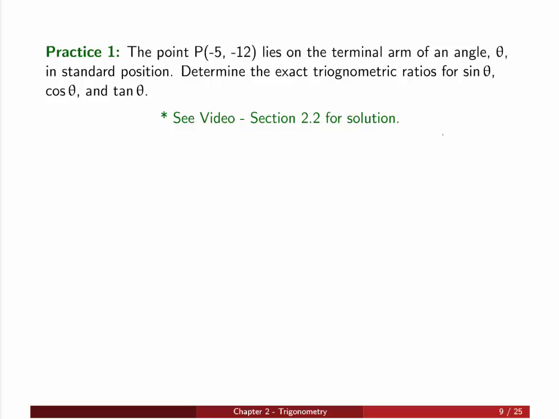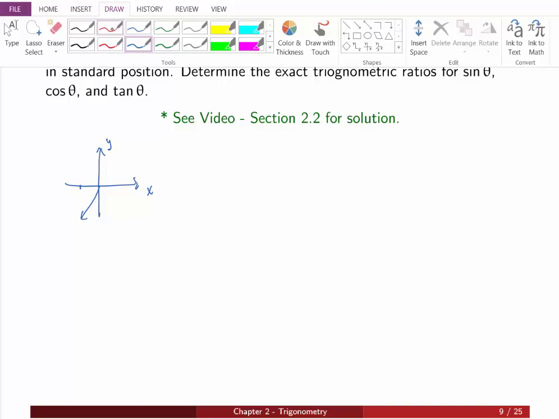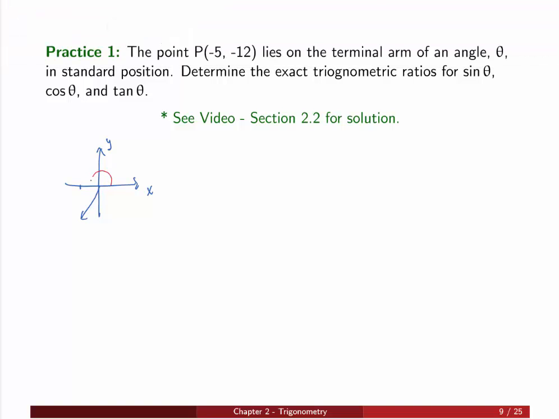First of all, let's draw it. There's our x and y axes. The point (-5, -12): clearly -5 is somewhere around here, and -12 is somewhere down in quadrant 3. So let's just say that's what we're dealing with. And that angle is this right here.